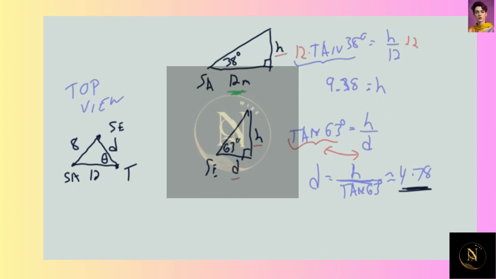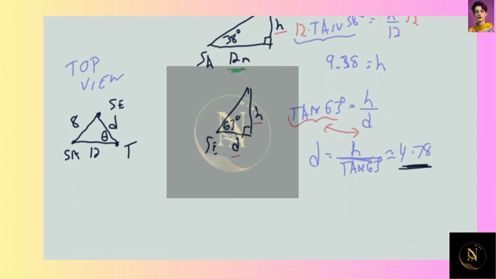And then again, I'm looking for the angle, so the side opposite the angle has to be isolated. All right, so I'm going to need to isolate the 8. So I'm going to have 8 squared is equal to 12 squared plus d squared, and then minus 2 times 12 times d cosine of theta.